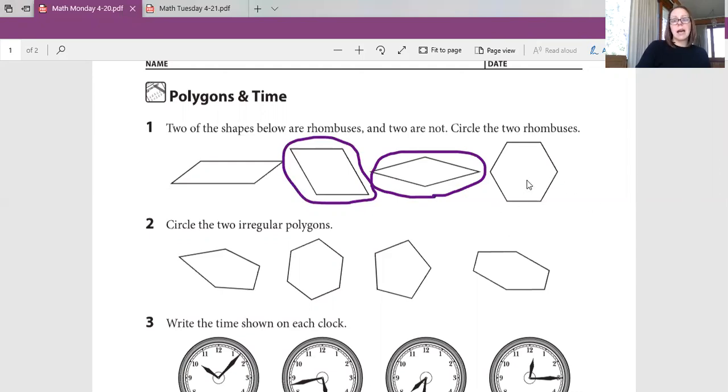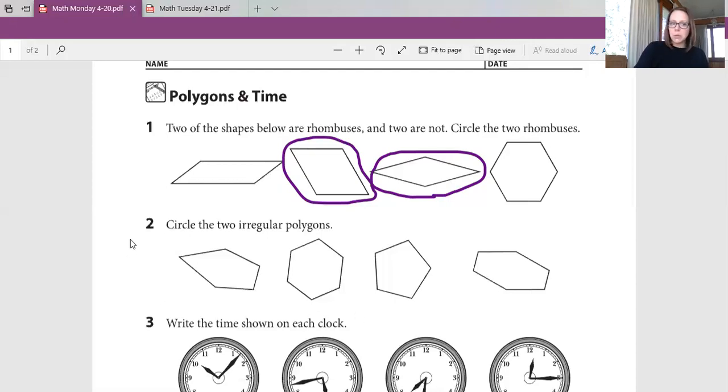And then we have our last one. Even though we circled two, we need to make sure the last one is not it as well. I know this one is not a rhombus because a rhombus is a quadrilateral, meaning it has four sides. This polygon here has 1, 2, 3, 4, 5, 6 sides. So that is not a rhombus.